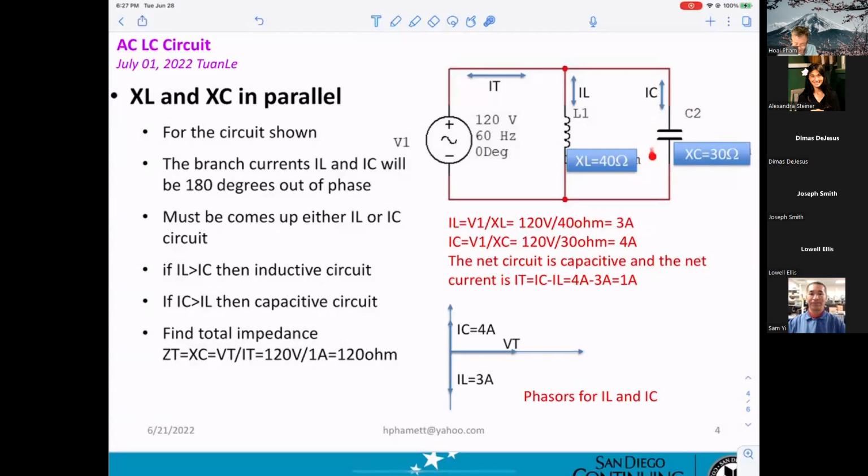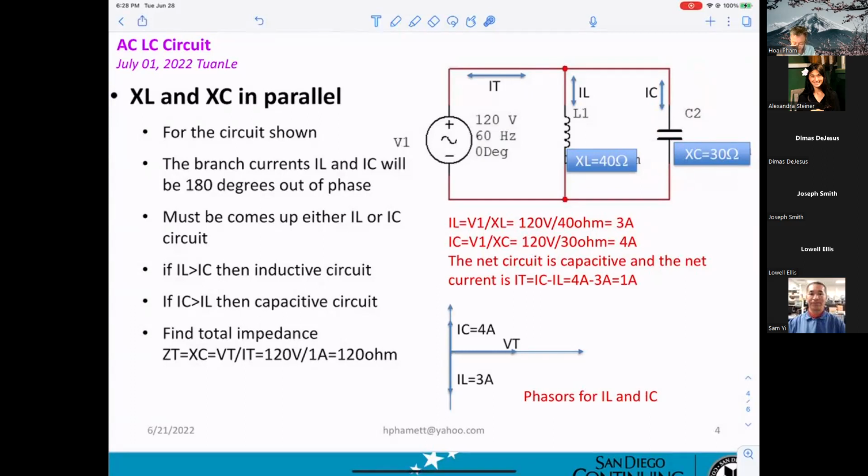If you calculate IC, 120 divided by 30 ohms, you get 4 amps. So now you have to see which current is bigger. Based on the calculation, IC is higher than IL.